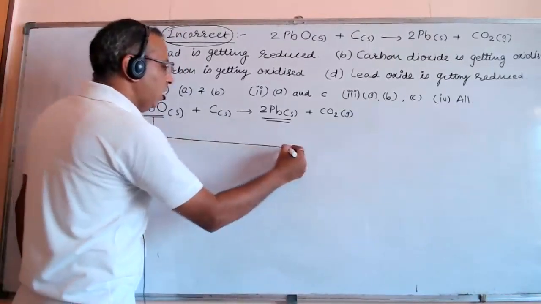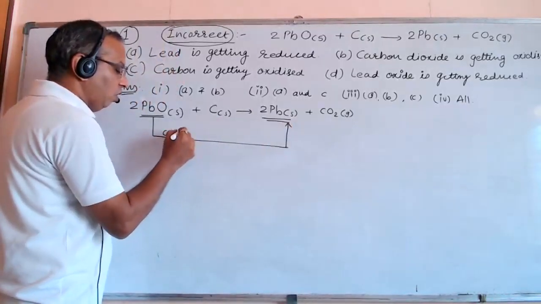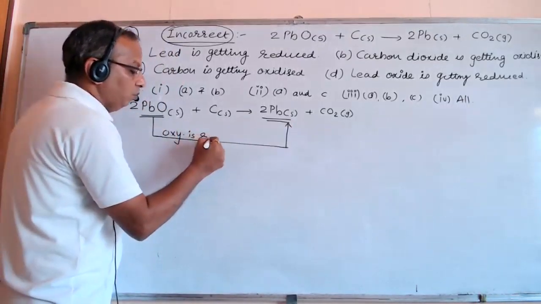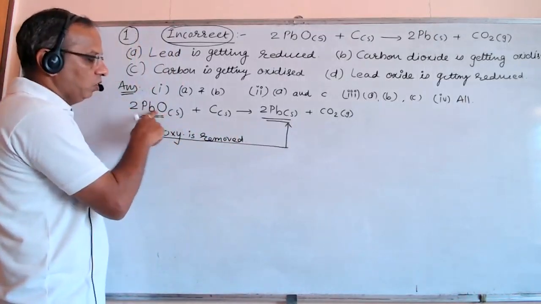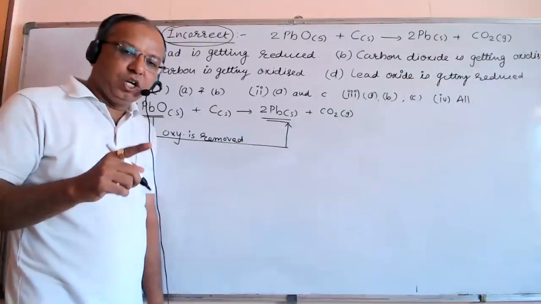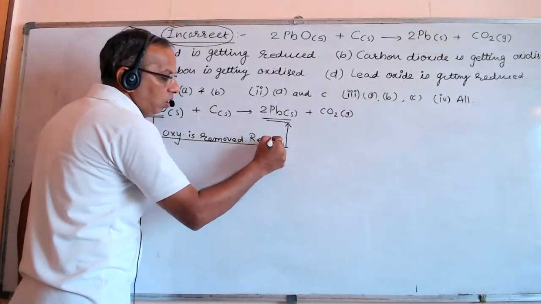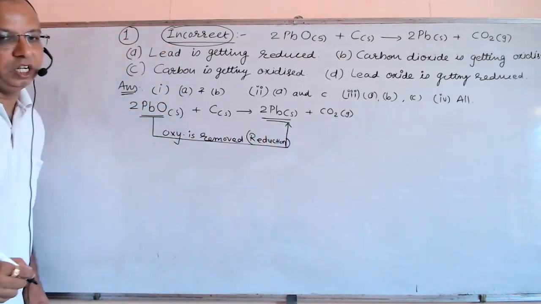So in this reaction, we can say, friends, oxygen is removed from lead oxide. And as per definition, removal of oxygen is called reduction. So here a reduction reaction is taking place.